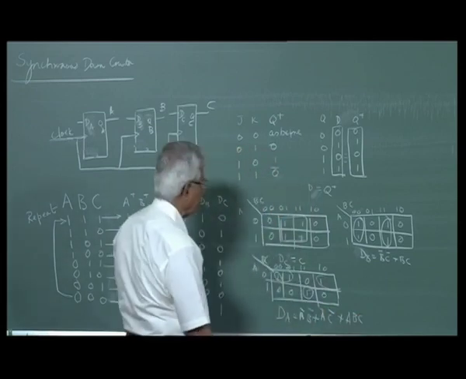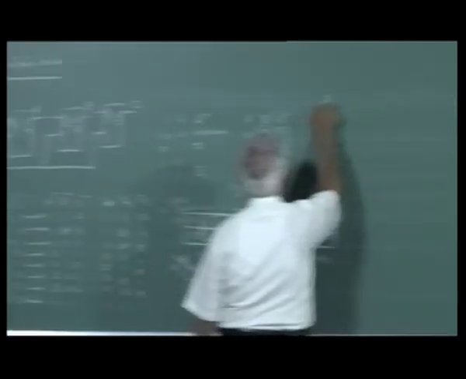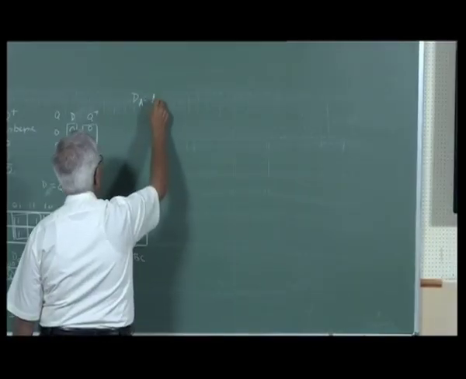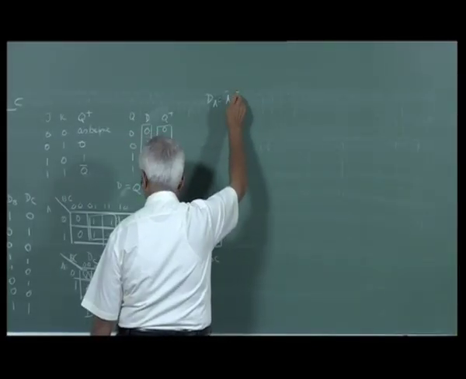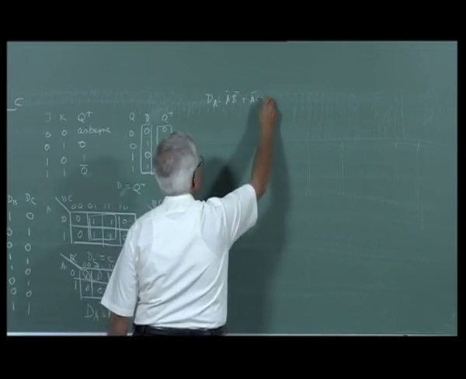So I have now 3 equations. DA is A bar B bar, A bar C bar, ABC.